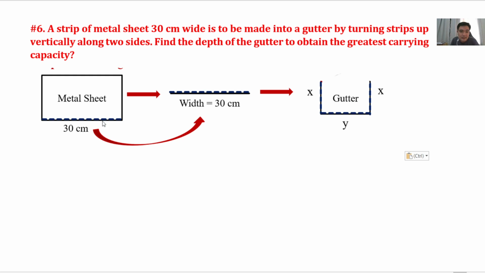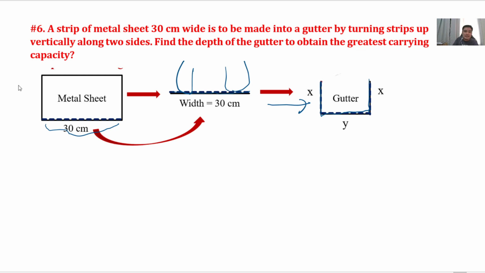Then we make it a gutter by flipping these two sides upward. If we flip this, it will look like this. So, we have your x now, your y, and then the x. And the total of these three is 30 centimeters.